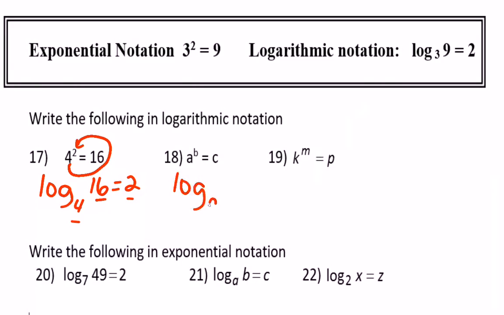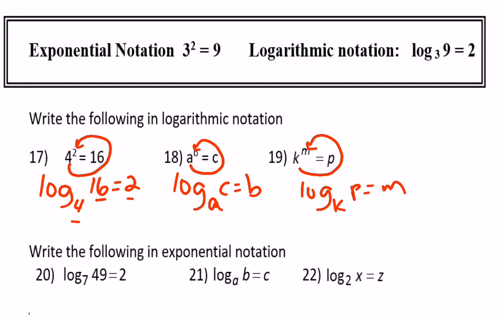Log base a of c equals b. Log base k of p equals m. So your base should always be the same. So I have a base of a, and then, I hate to say it this way, but the other two pieces of your form kind of swap places.